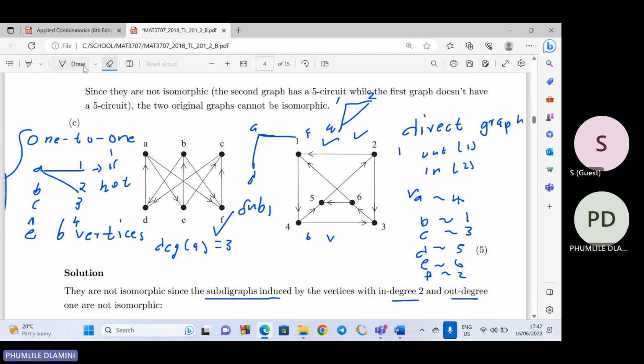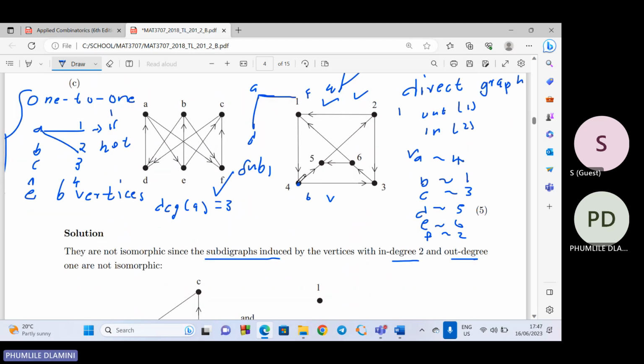If we look at A, you will see that in A we say it is related to 4. You see this 4 here. If we check 4, there is 1 incoming and 2 outcoming. So if you check in A, there is 1 incoming and also 2 outcoming. I can write this dot, and a dot like that.